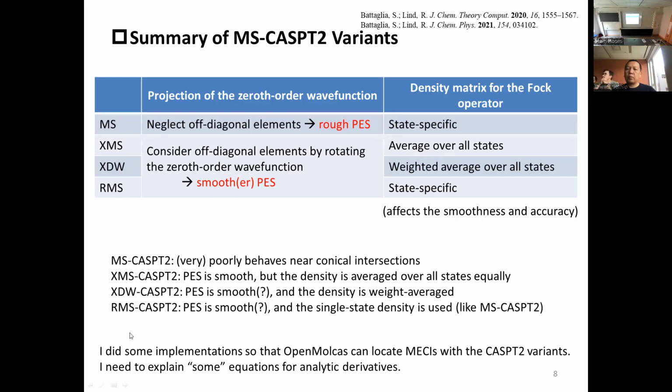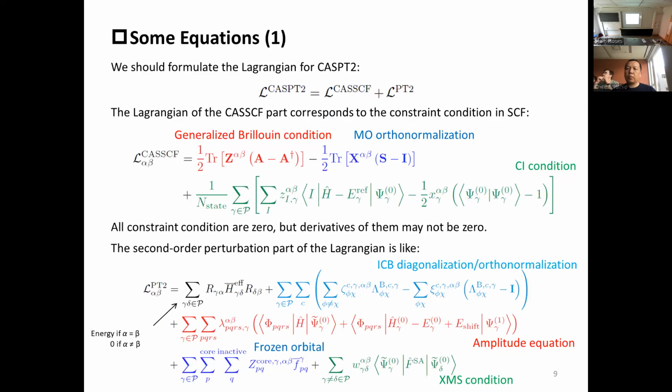So with these four MS variants, I implemented analytic derivatives in OpenMolcas, and I have to explain some equations which are rather complicated. So I use the Lagrangian multiplier method, which was proposed by Helgaker and others. I first define the CASSCF Lagrangian and the PT2 Lagrangian.